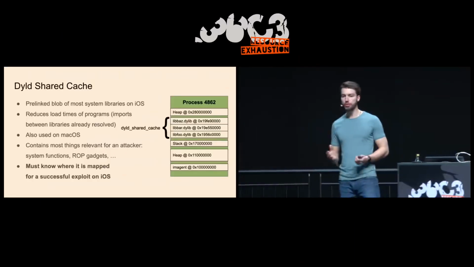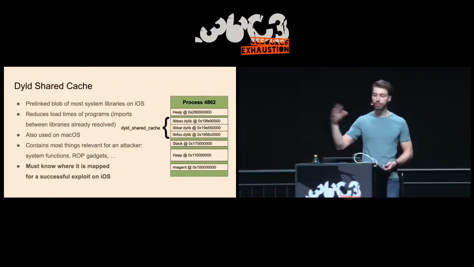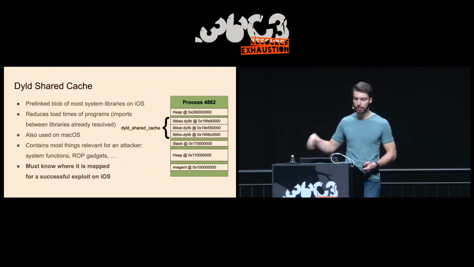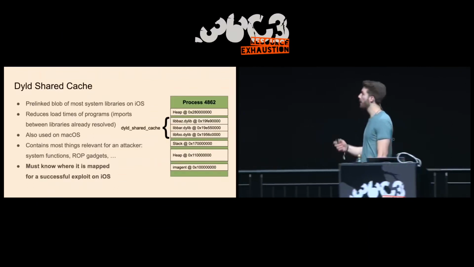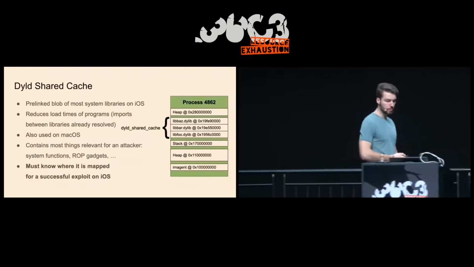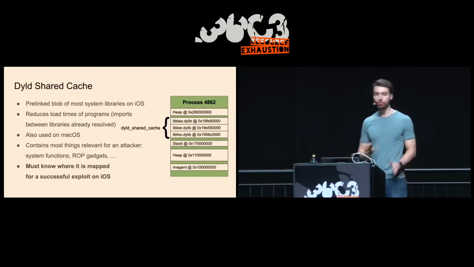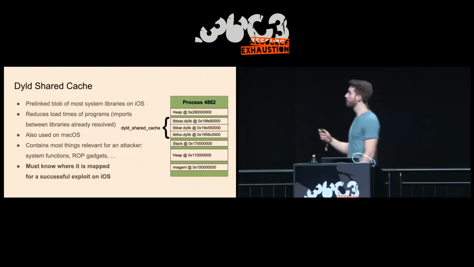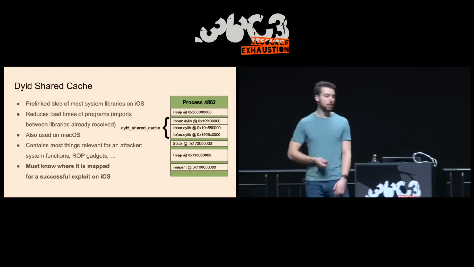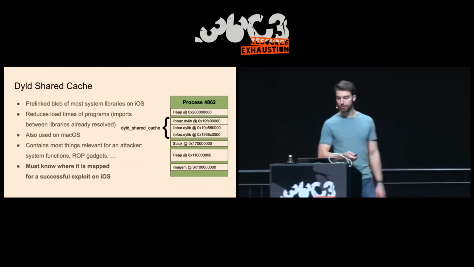The idea is that this speeds up loading times because all the interdependencies between libraries are resolved pretty much at compile time. But yeah, so we have this gigantic binary blob, and it has everything we need. So it has all the code, it has all the ROP gadgets, and it has all the Objective-C classes. So we have to know where this DYLD shared cache is mapped.